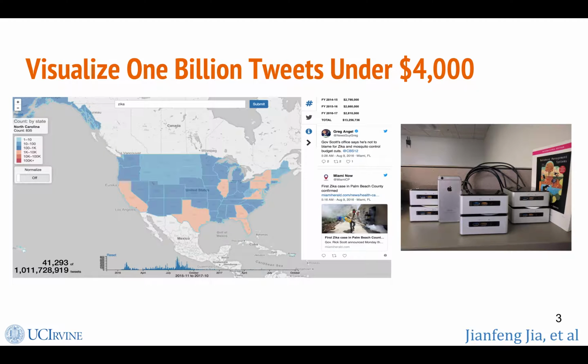Basically, users can type any keywords, and the system gives you the spatial and temporal aggregation result for the number of tweets mentioning the specific keywords. The sidebar of the UI shows the related hashtags and sample tweets.